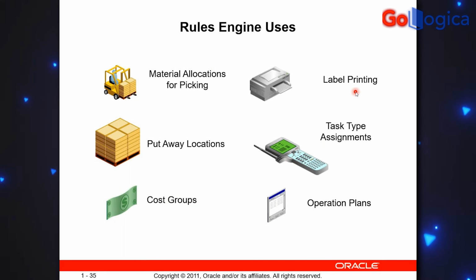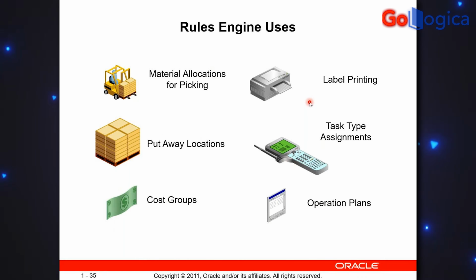Label printing. Label printing is important because in inventory, as we had a question in the first session, with just inventory and MSCA also we can have the label printed in some business scenarios. But for WMS, it is much more specific. Suppose you want a specific type of label to be printed for one of the suppliers.